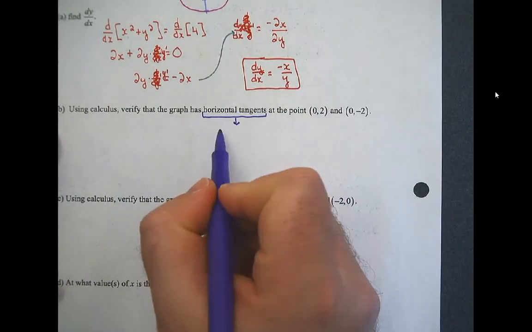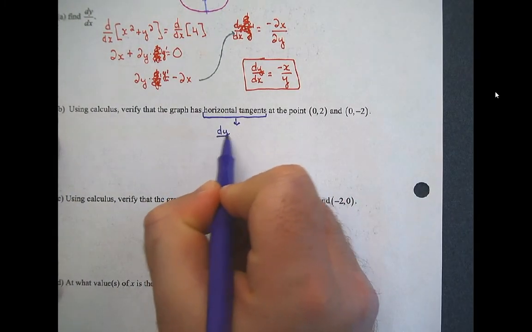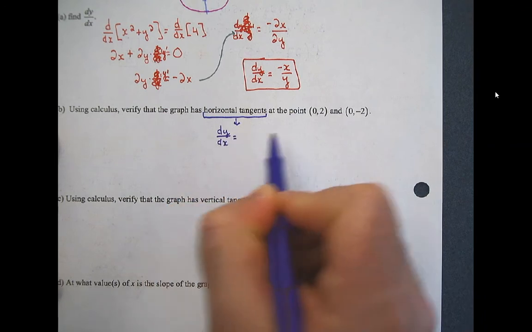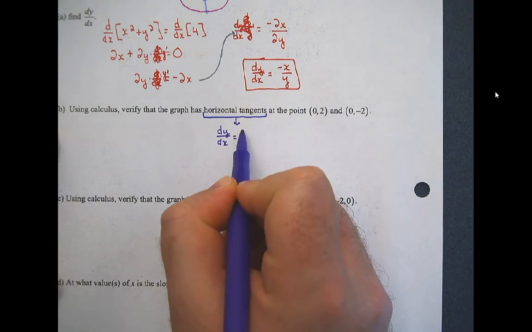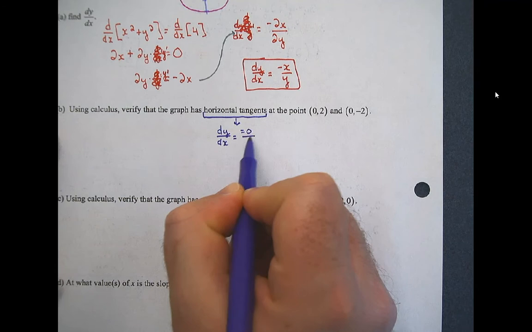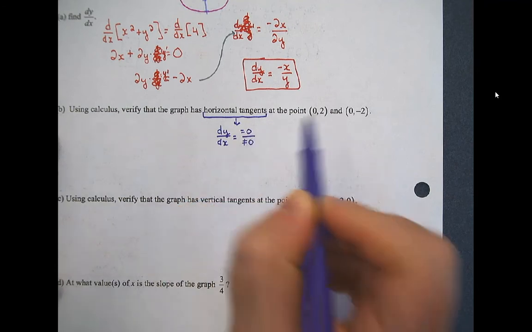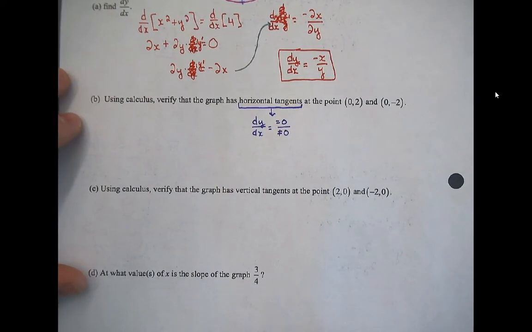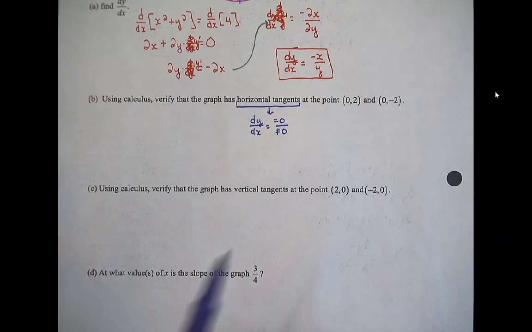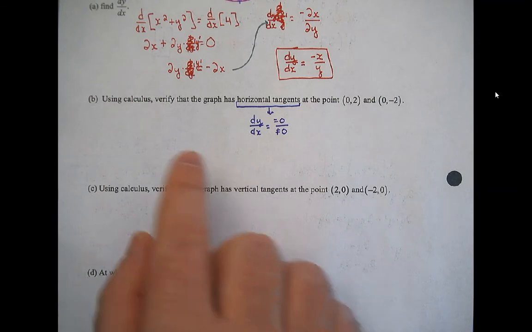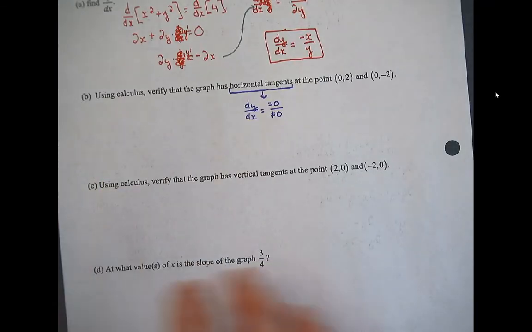So the reminder here is that dy/dx needs to be equal to something that is 0 on the top and not 0 on the bottom. So I'm going to take my dy/dx equation and set that up.